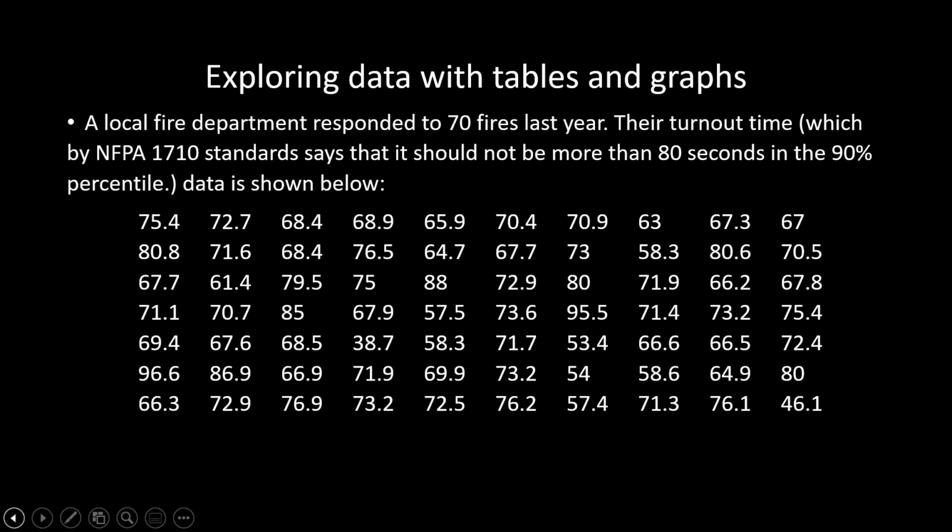Okay. A local fire department responded to 70 fires last year. Their turnout time, by some regulation called NFPA 1710 standards, should not be more than 80 seconds in the 90th percentile. And the data is shown below. Now, when fires happen, the response time is very important, right? You don't want the fire truck arriving at the scene like 1 hour later.